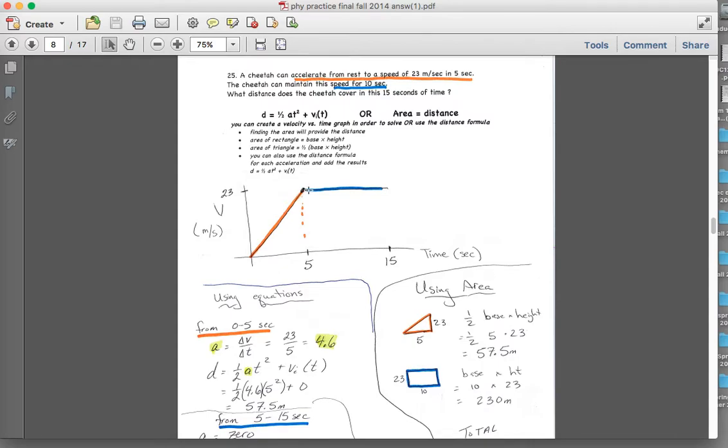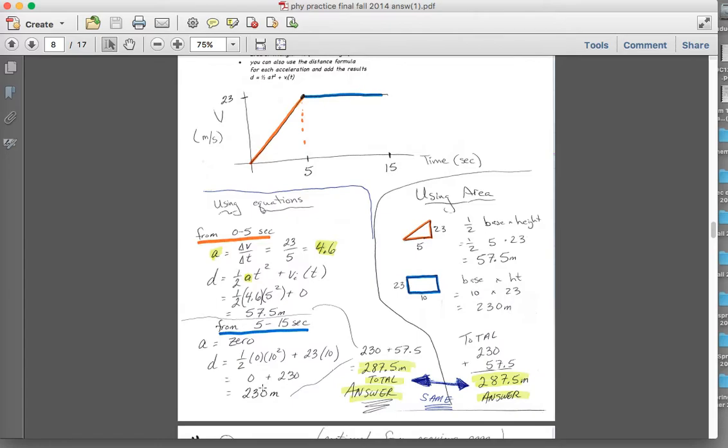He will hold that pace for another 10 seconds for a total time of 15. So I think if you graph this out, it's easy to see I got 2 distinct parts of his motion. I could either use equations or I could use the area trick, and you should get the same answer for that.